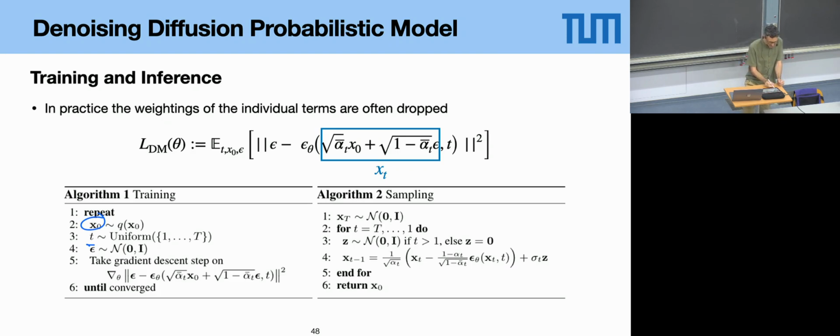We sample random uniform noise, and then from our expressions we can compute the current noised input sample, this xt, with the expression shown here, the alpha bar weight for x0 plus a certain amount of really pure noise that we just produced here. And then we just let the network try and estimate the amount of noise here.